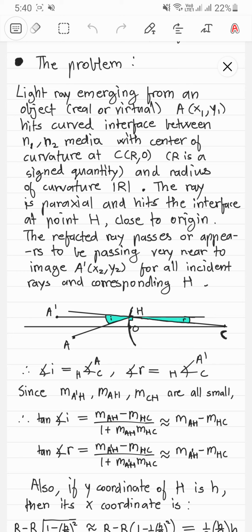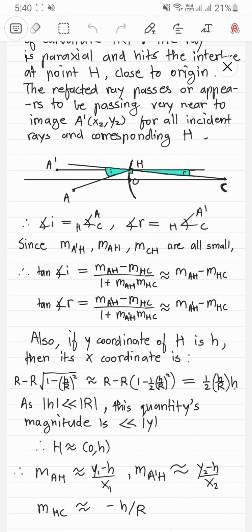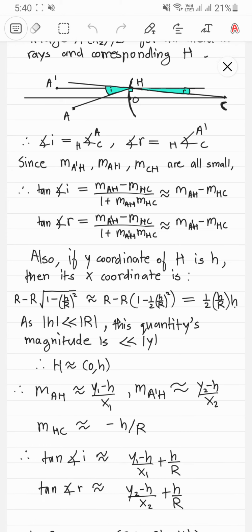So you want to find where that A dash is, or some equation relating coordinates of A dash and A. In this step I directly approximated these tan angles, so that 1 plus product of slopes thing I approximated as 1, because we just want first degree approximations, right? And that's why I didn't take that into account.